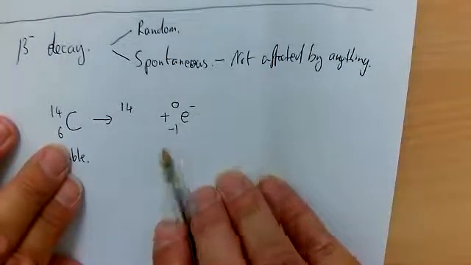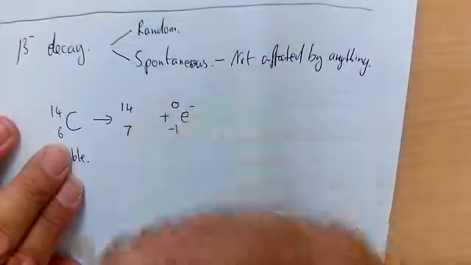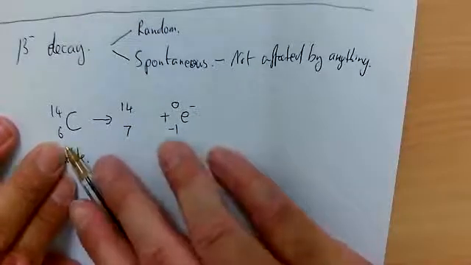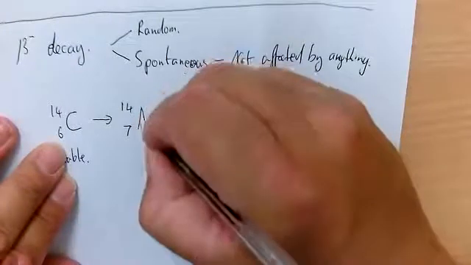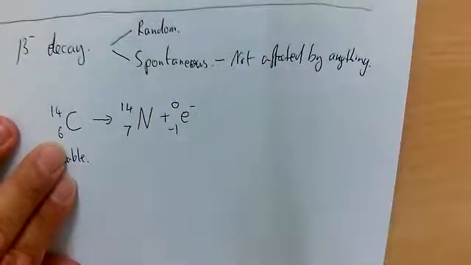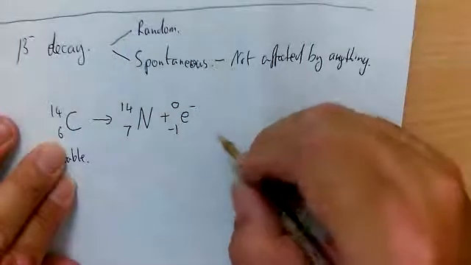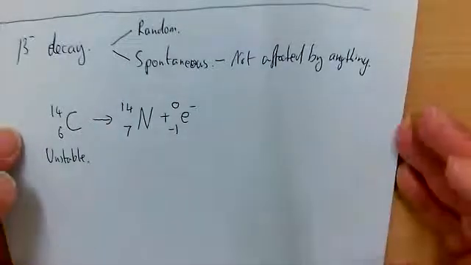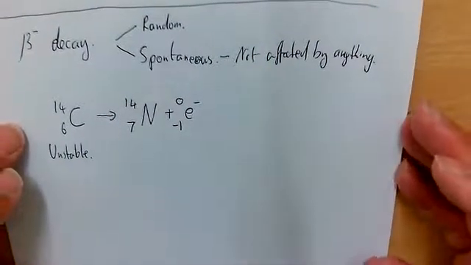So to get 6 from -1, you've got to add 7. 7 plus -1 makes 6. So we end up with nitrogen instead of carbon. And that's actually what happens naturally. So we're going to come back to beta minus decay because something else also happens.